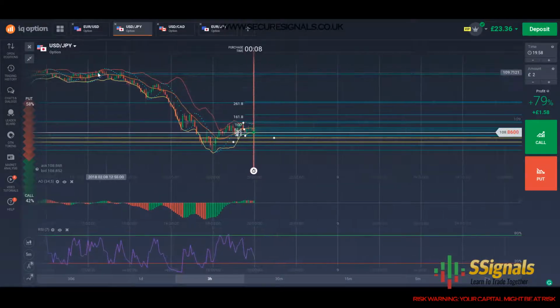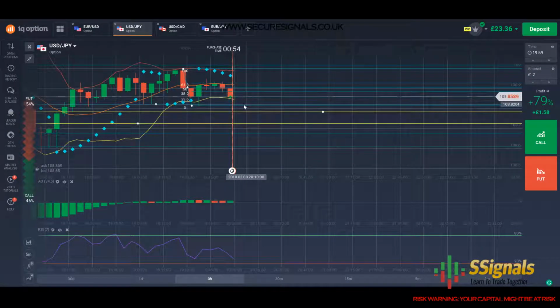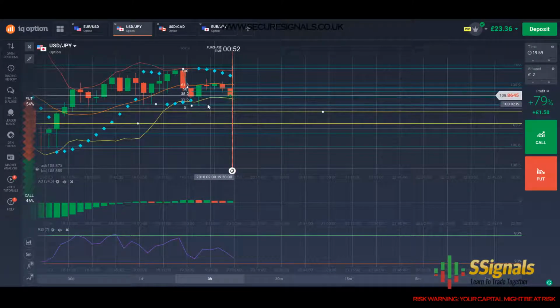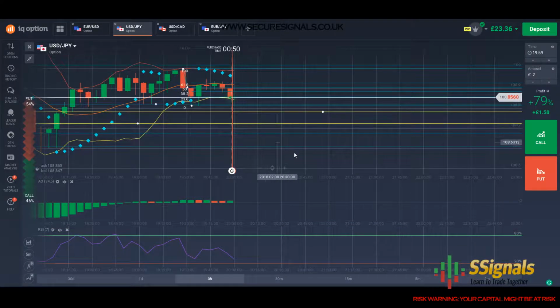Or what they could actually be is an A, B, C, D, E, and then 0, 1, 2, 3, push. So there could actually be a push upwards. It really just depends how it closes beyond here. If it closes beyond, that means it's going down. If it closes above, that means it's gonna go up.